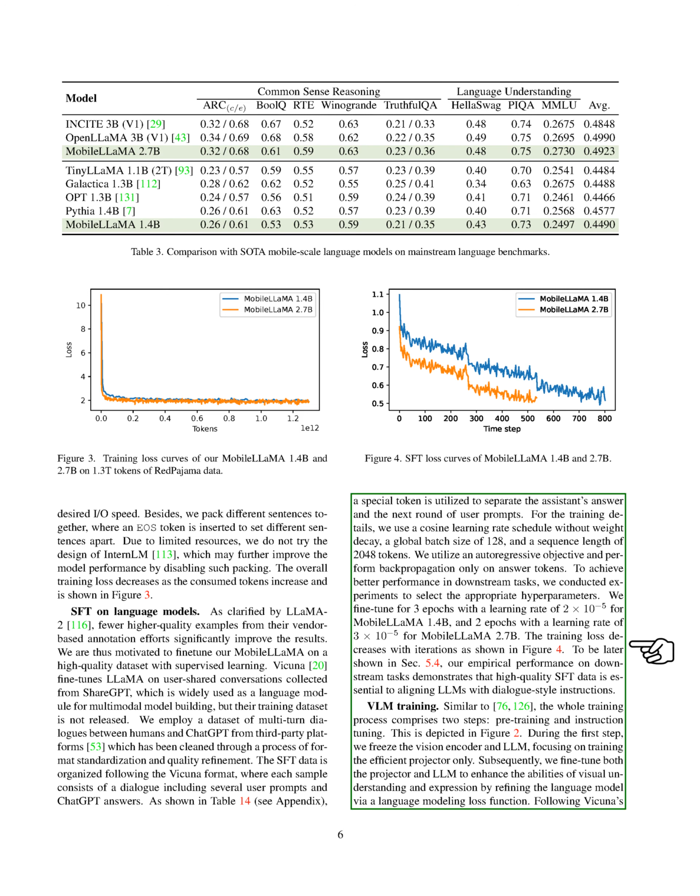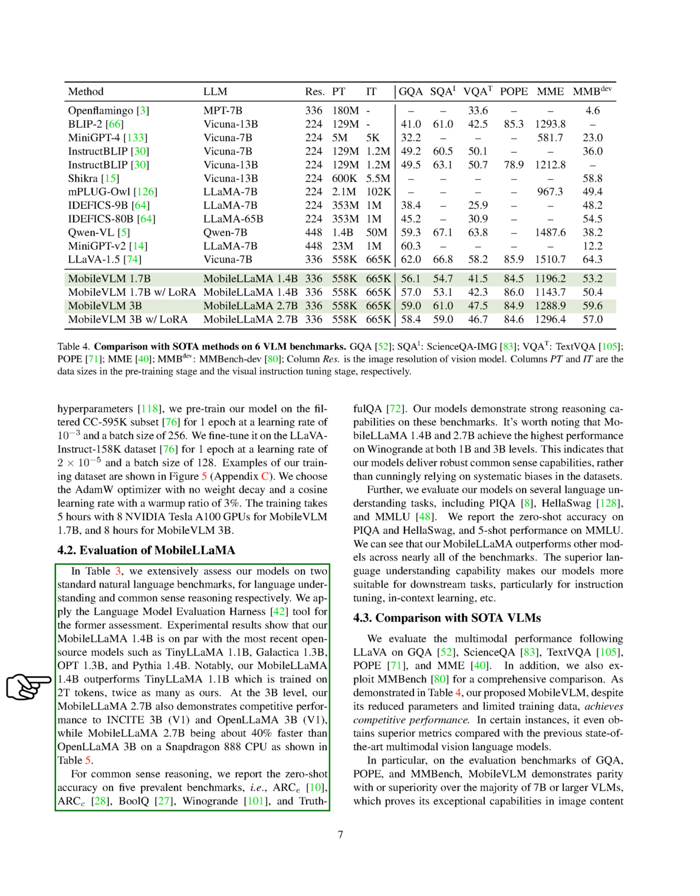Section 4.2 Evaluation of MobileLLaMA. In Section 4.2, we evaluate our MobileLLaMA models using two standard benchmarks for language understanding and common sense reasoning. We use the Language Model Evaluation Harness tool for the first evaluation. Our results show that our MobileLLaMA 1.4B model performs as well as the latest open-source models, such as TinyLlama 1.1B, Galactica 1.3B, OPT 1.3B, and Pythia 1.4B.